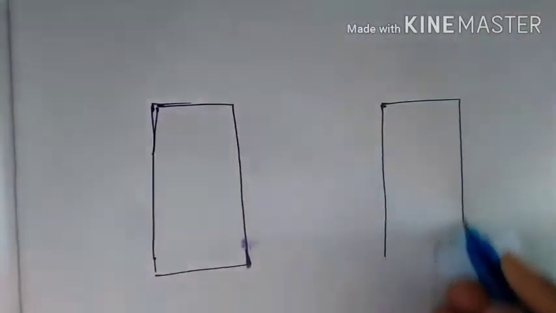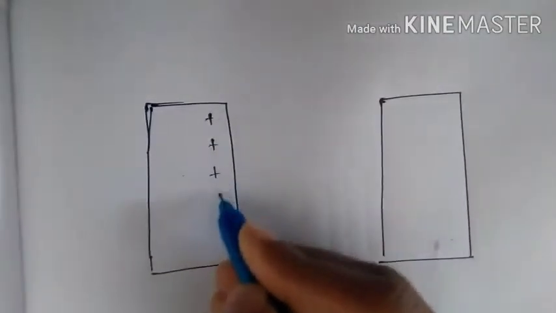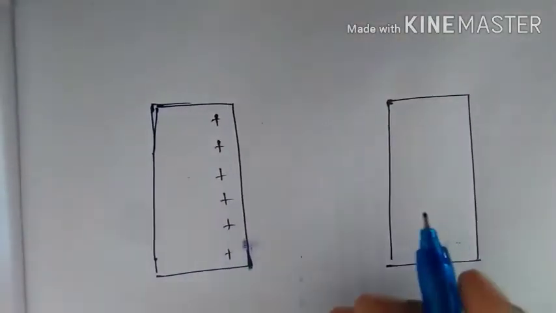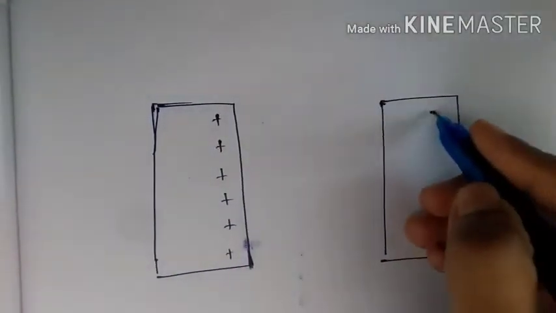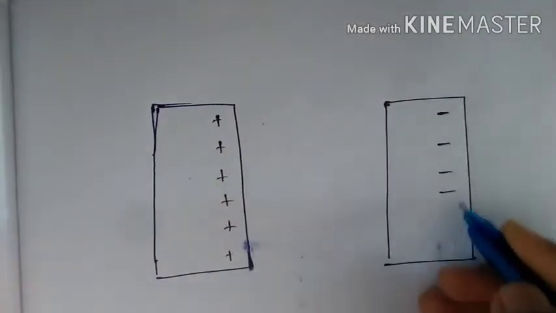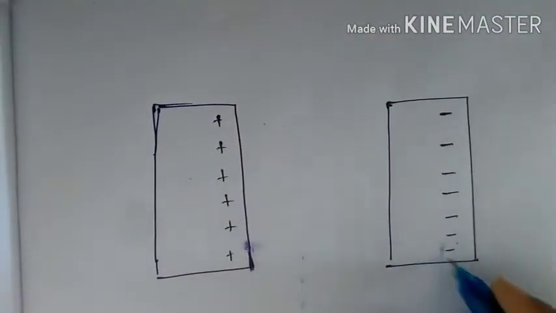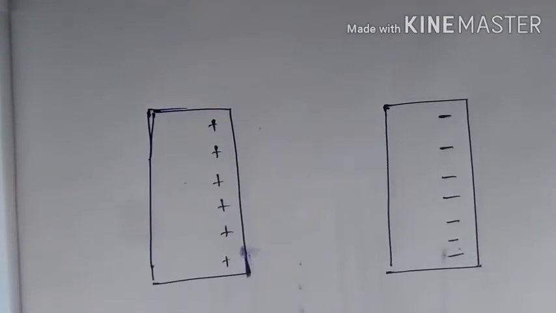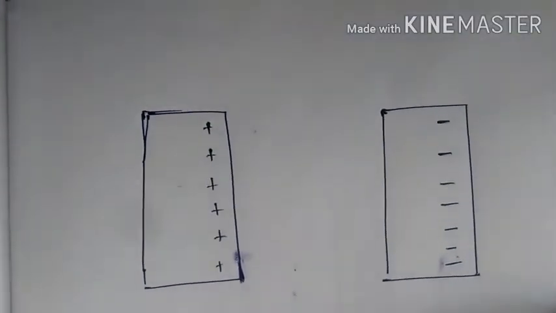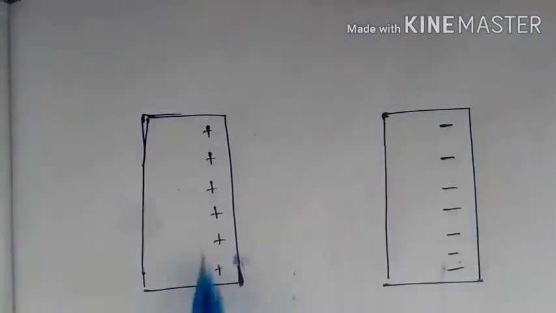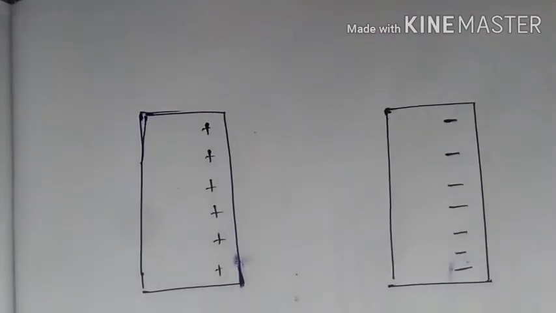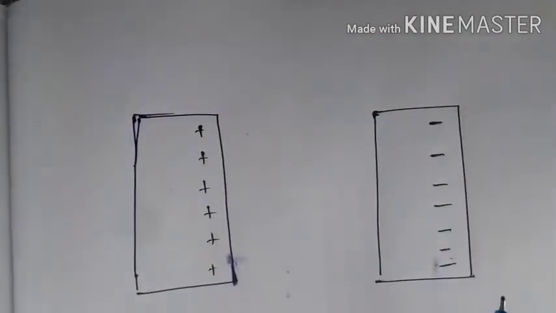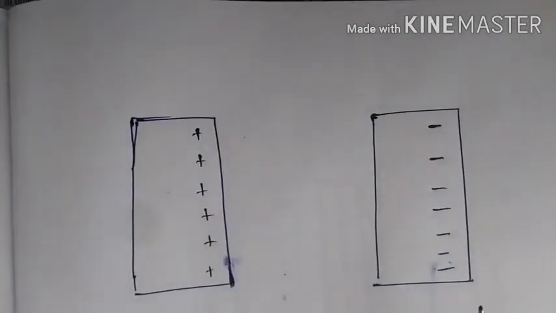So there you had positive charge, plus, plus, plus, plus and plus, and here you have negative charge. And now you have introduced a dielectric between these two plates, and the dielectric constant is K.